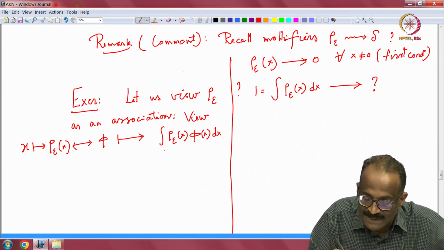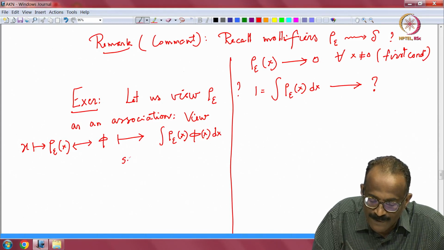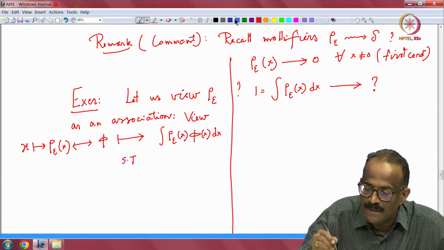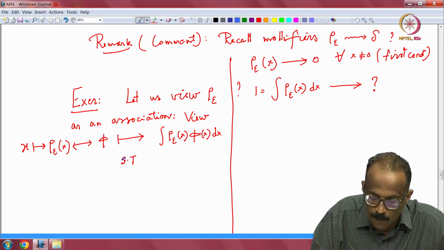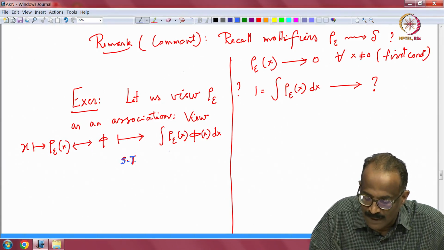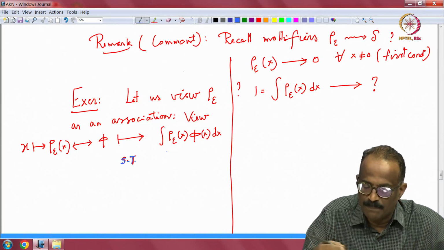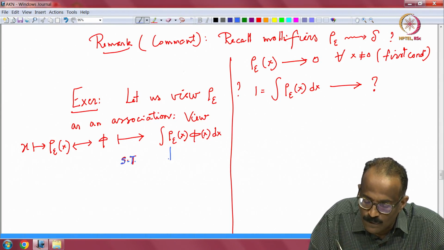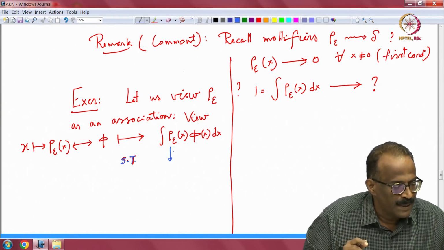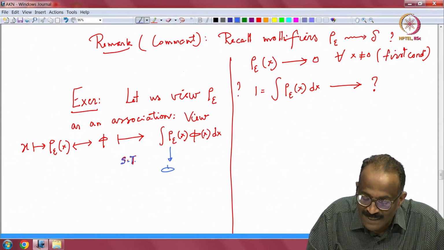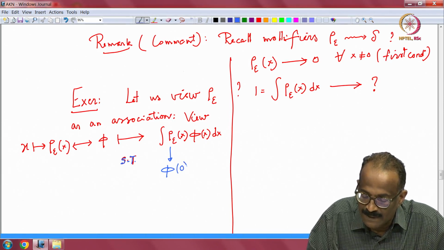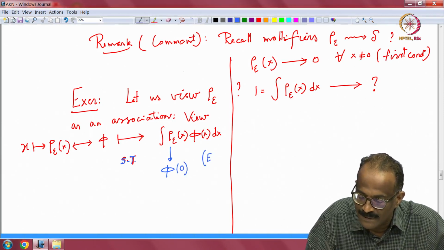So, the exercise is to show that this goes to phi of 0. Maybe it is already in your assignment in the preliminaries. This requires some study. This is your exercise.